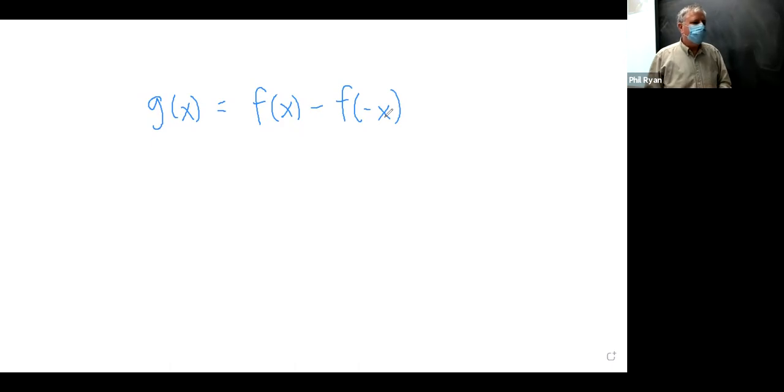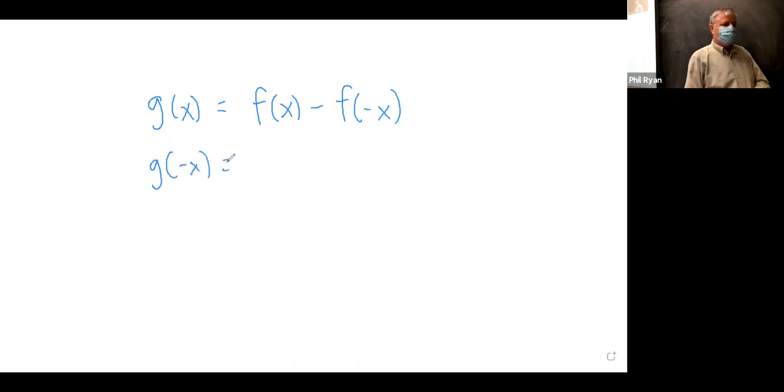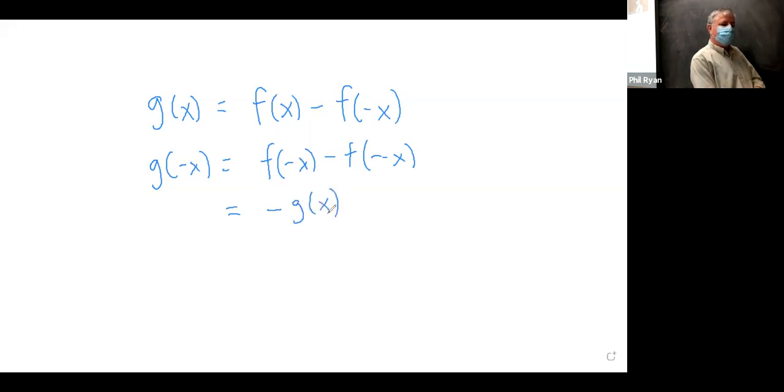So just think about what g of minus x equals. Well, g of minus x equals f of minus x minus f of minus minus x, which is just equal to minus g of x.